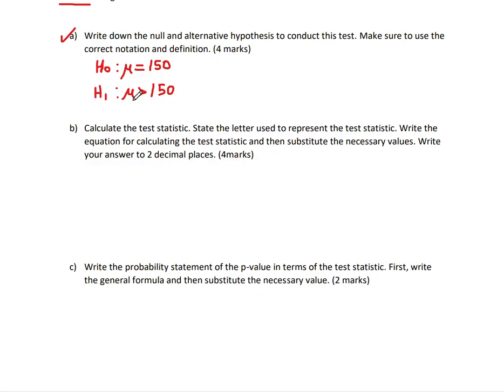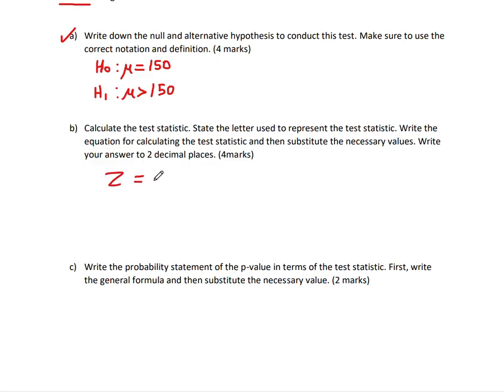The next thing we're asked to do in part B of this question is to calculate the test statistic. State the letter used to represent the test statistic. Write the equation for calculating the test statistic, and then substitute the necessary values. We're going to write our answer to 2 decimal places, all here for 4 marks.